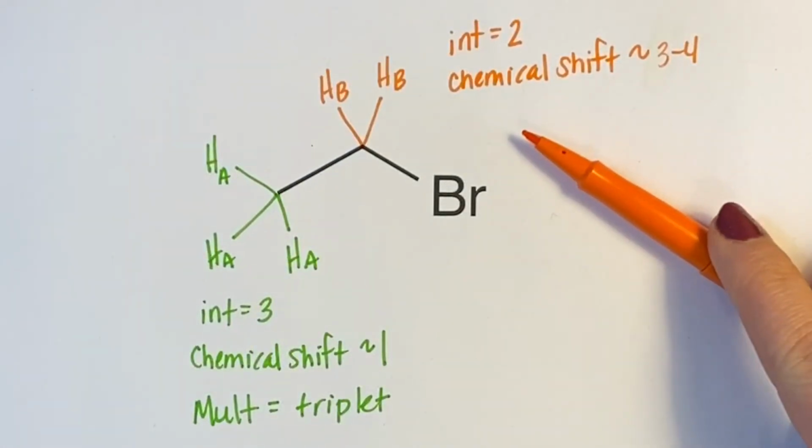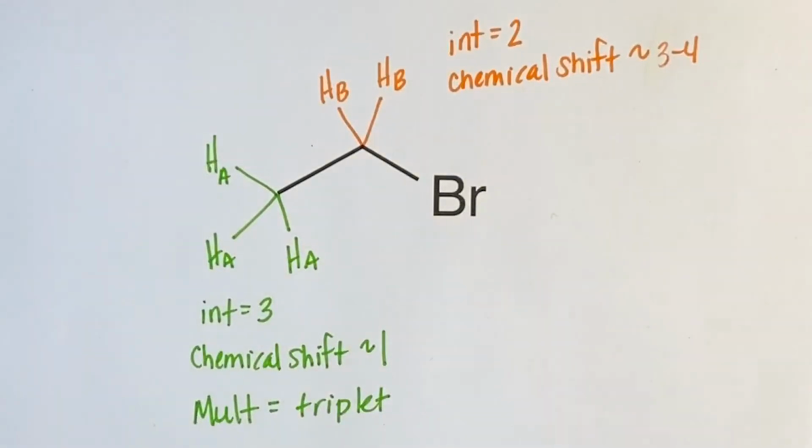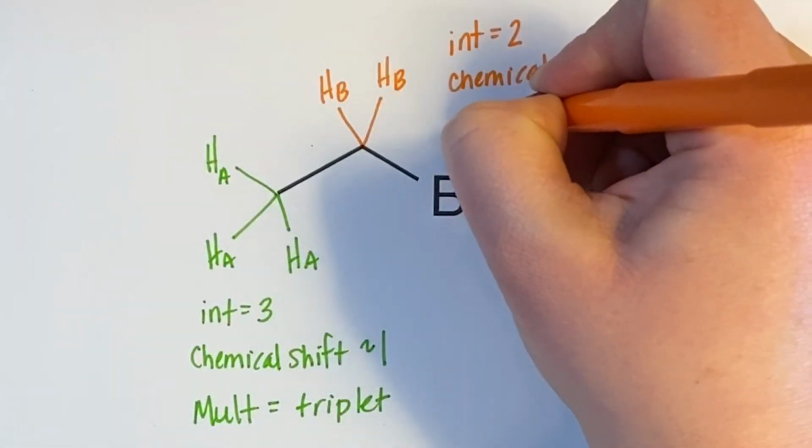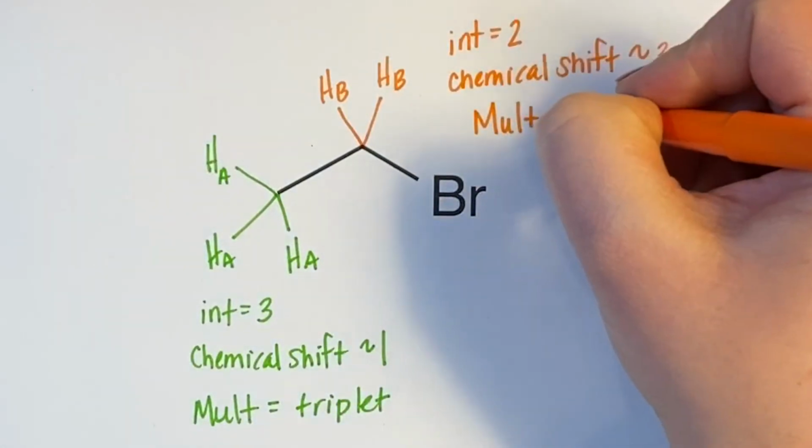So now if we look at HB, we know that our signal will have an integration for 2. We expect a chemical shift around 3 or 4. And we also now know that the multiplicity for this peak is going to be a quartet.